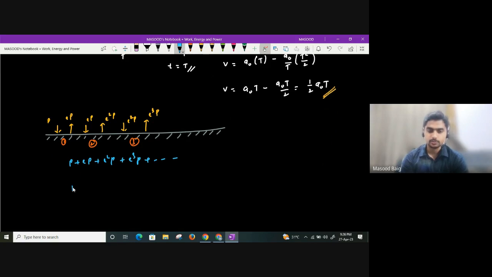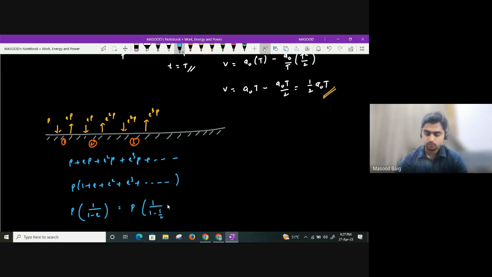So this is the momentum imparted. If you take P common, I will get 1 plus E plus E square plus E cube plus so on, which will be a geometric progression of infinite terms. 1 divided by 1 minus E, where E is the common ratio. So P into 1 divided by 1 minus 1 by 2, which turns out to be P into 1 divided by 1 by 2. You will get it as 2P.